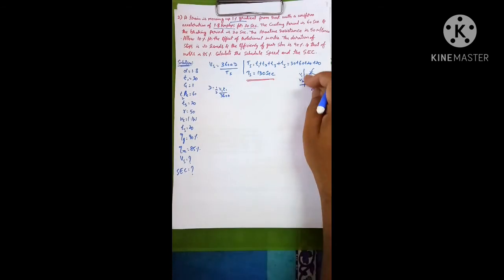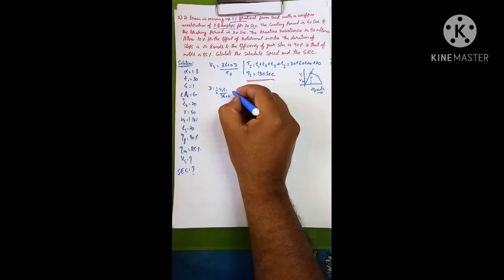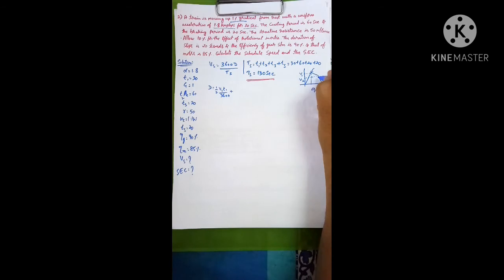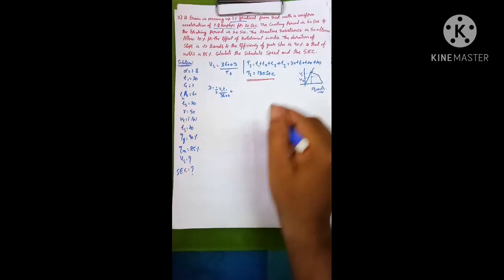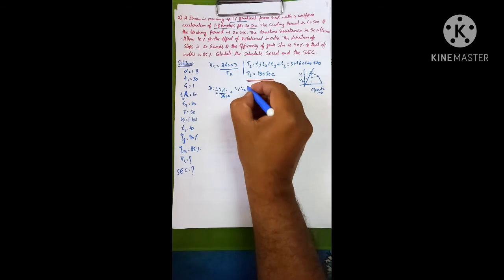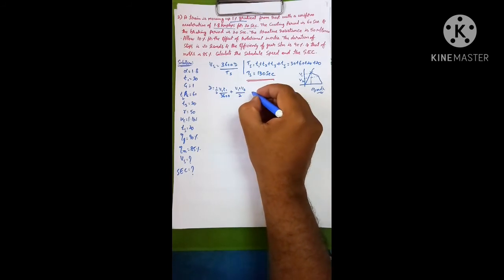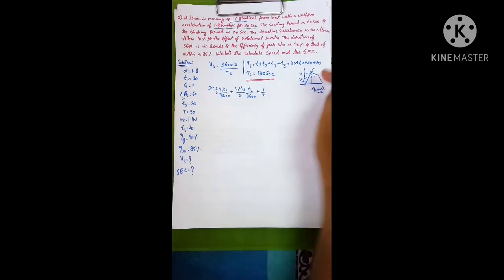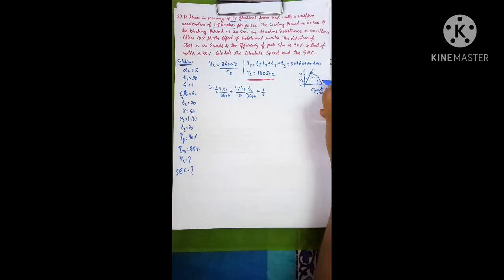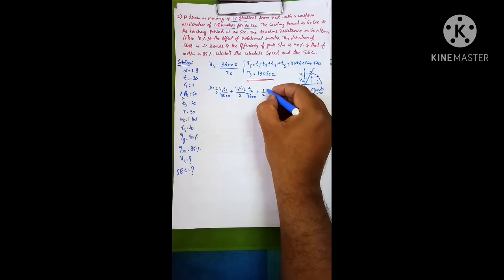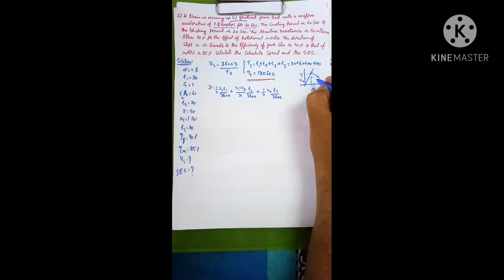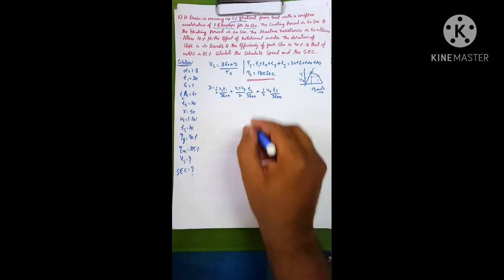This gives you the area of the acceleration curve, plus during coasting, both speeds V1 and V2 have to be added: V1 plus V2 by 2 into T2 by 3600. We used this in the derivation also. Next, 1 by 2 V2 T3 by 3600, because this portion is again a triangle.